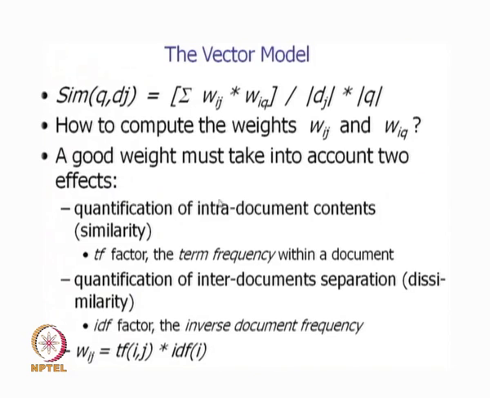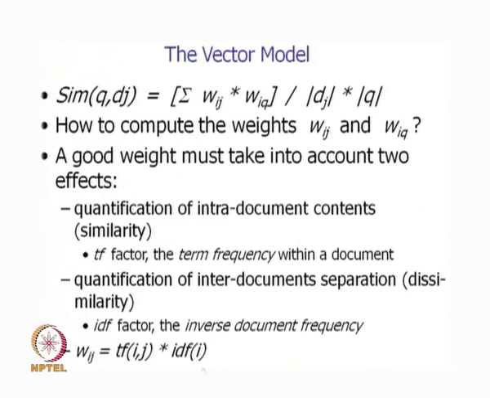So, a good weight must take into account these two effects, the TF factor and the IDF factor. The weight w_ij of a keyword i with respect to a document d_j is given as TF_ij into IDF_i.